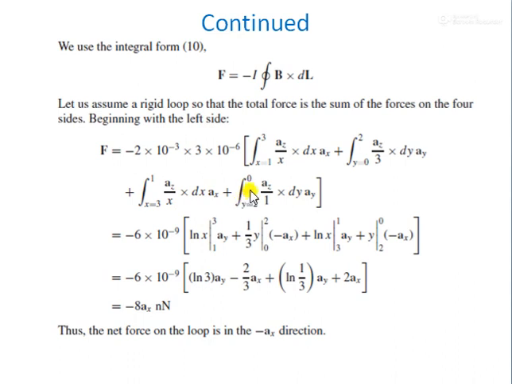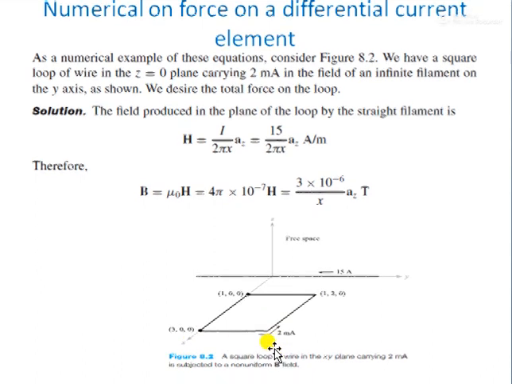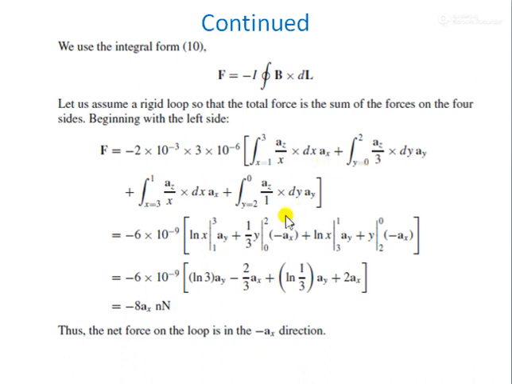Now y is equal to 2 to 0, this side. For that x will be 1, for this x is 3. So here you can see this is 3 and this is 1, dy ay.